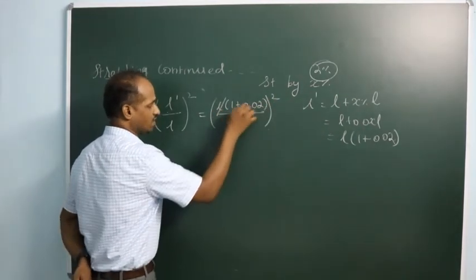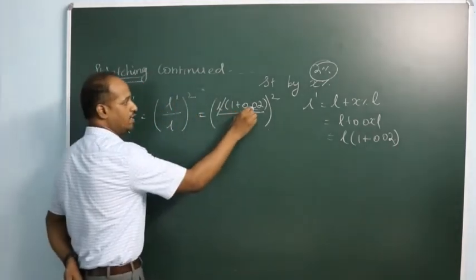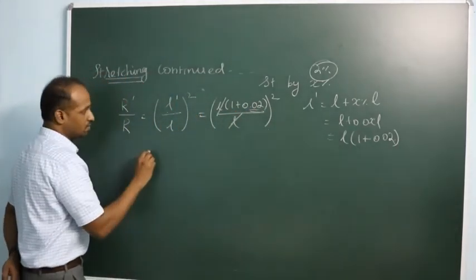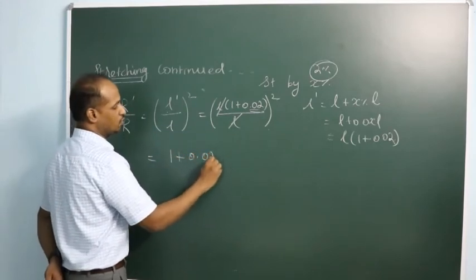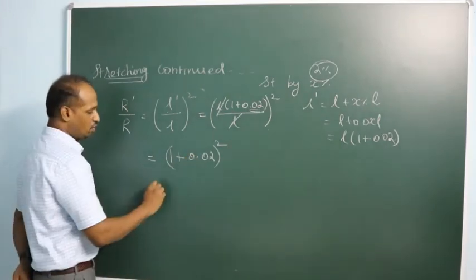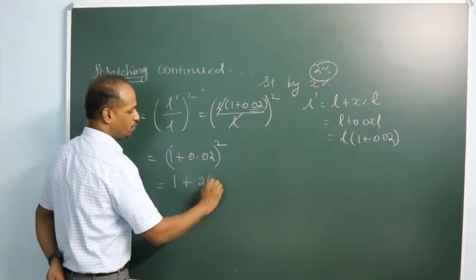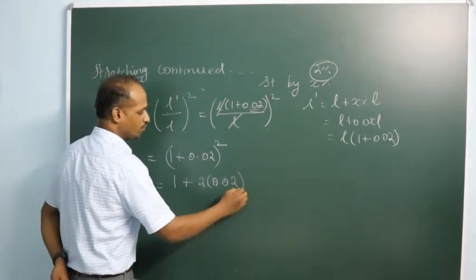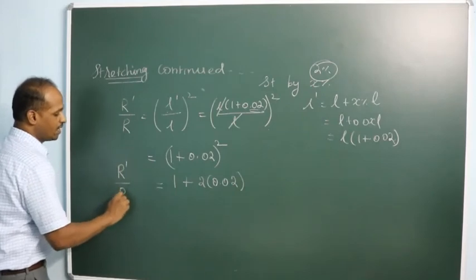When you cancel this out, this is basically that x percentage. So 0.02 means x percentage. So here you can write it as 1 plus 0.02 whole power 2, 1 plus x whole power n, is 1 plus nx, 2 into 0.02. So on the left hand side, it is r prime by r.